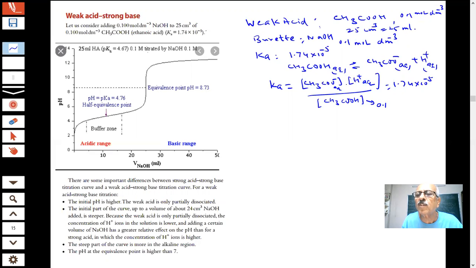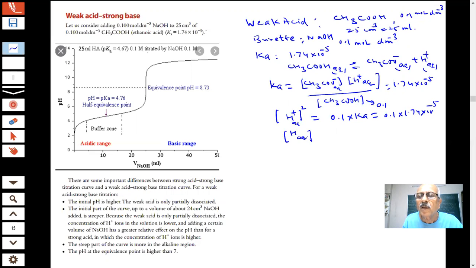These two are equal, so H plus squared I can find. What will be H plus squared? This is 0.1 into Ka, which is 0.1 into 1.74 into 10 minus 5. Then what will be H plus, aqueous?